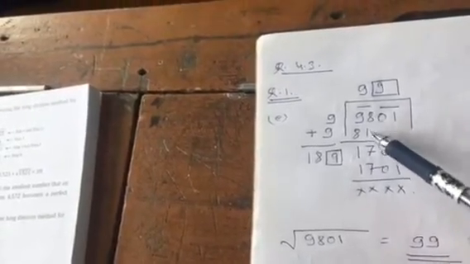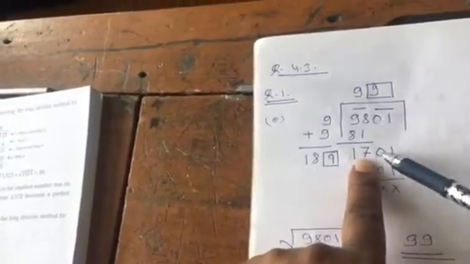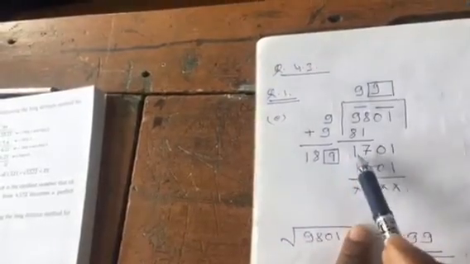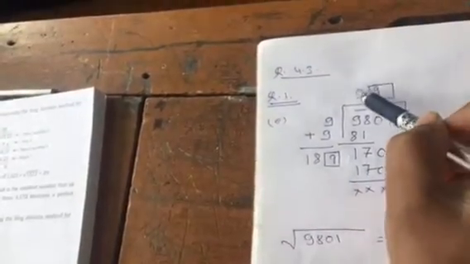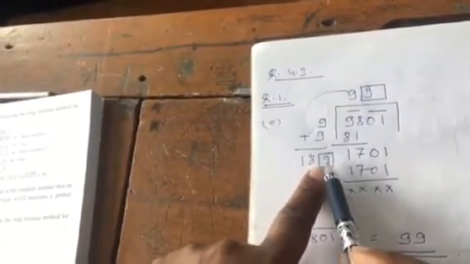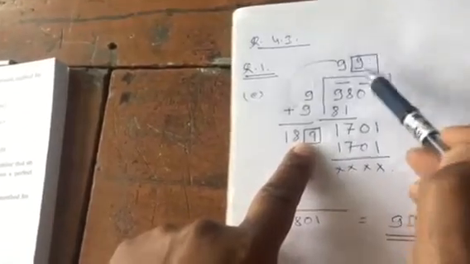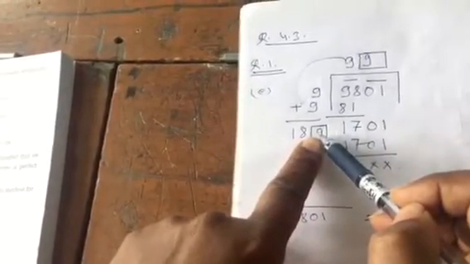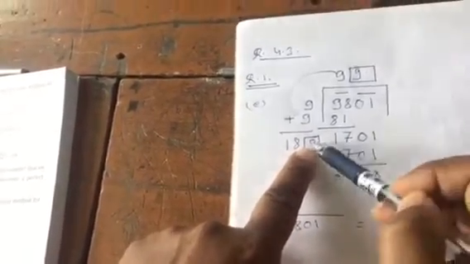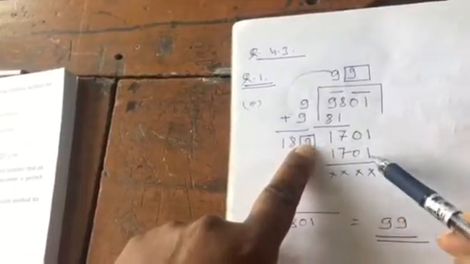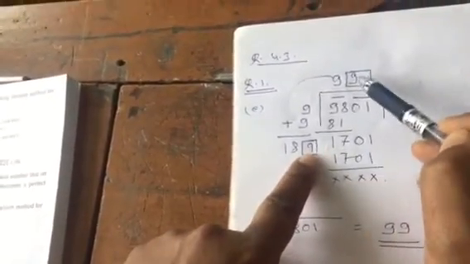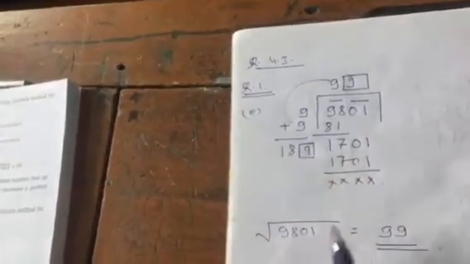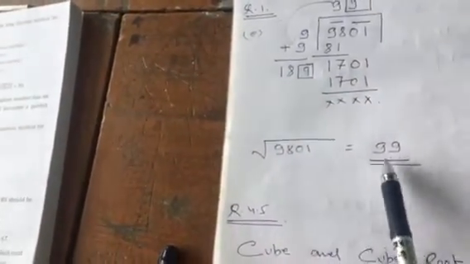So 98 minus 81 is 17, and 0 and 1 both come down and it becomes 1701. Ultimately this 9 again comes back here and gets added. 9 plus 9 becomes 18, and now I am supposed to write the same number in the divisor as well as the quotient. I took 9, so 9 9s are 81. So 189 into 9 is 1701. So ultimately the square root of 9801 is 99.